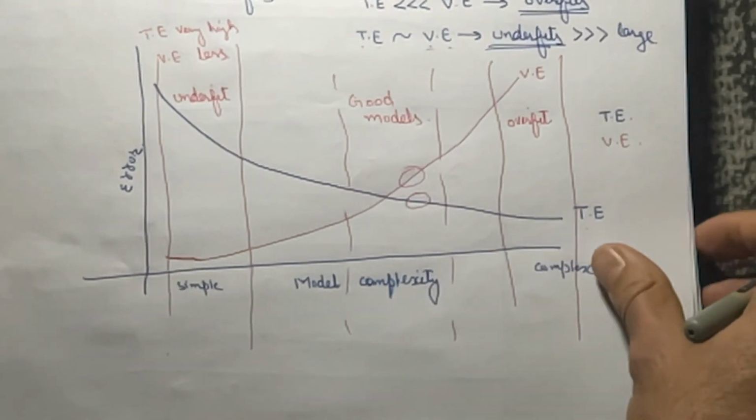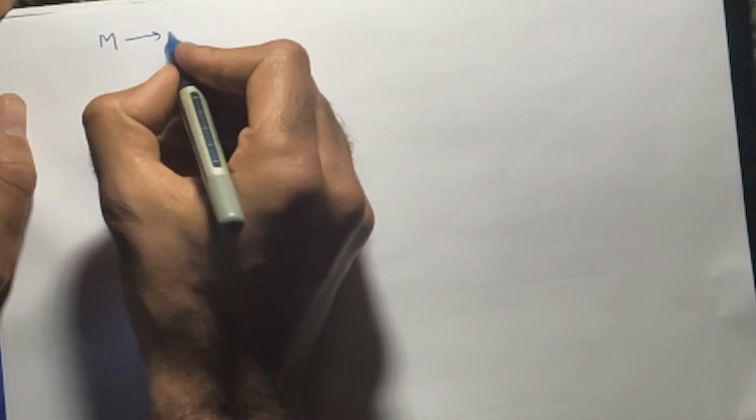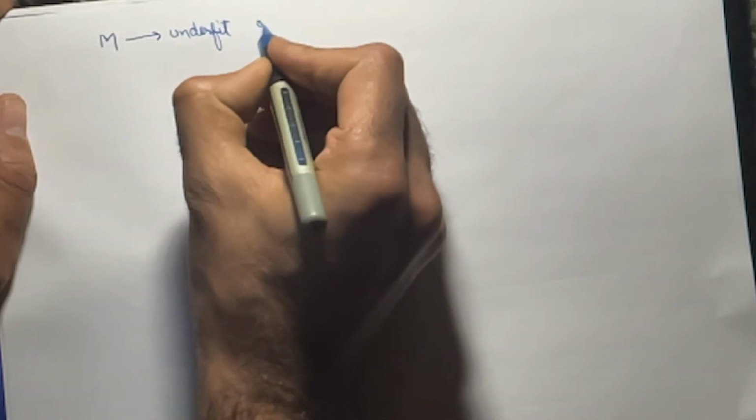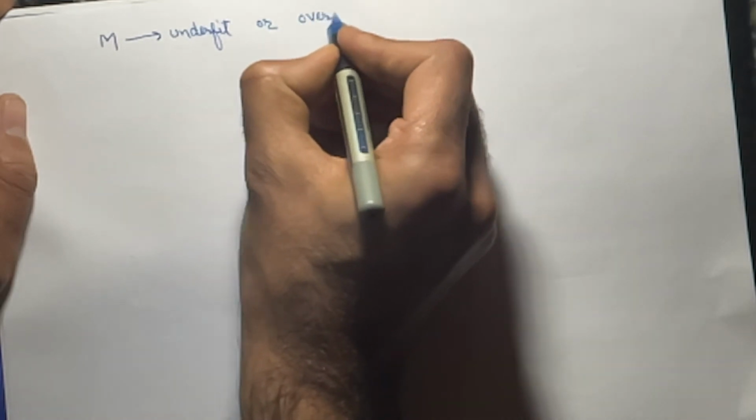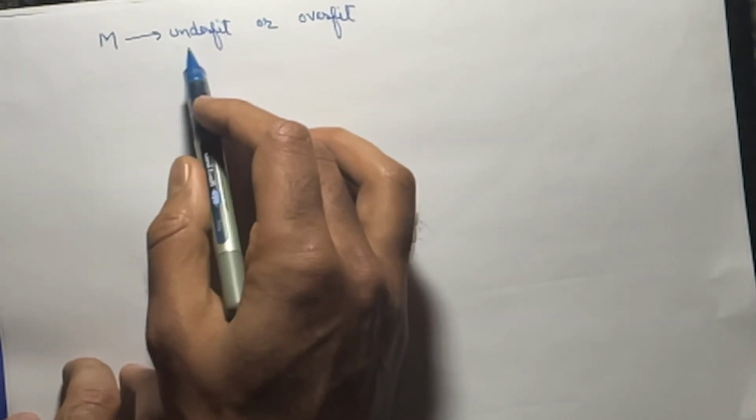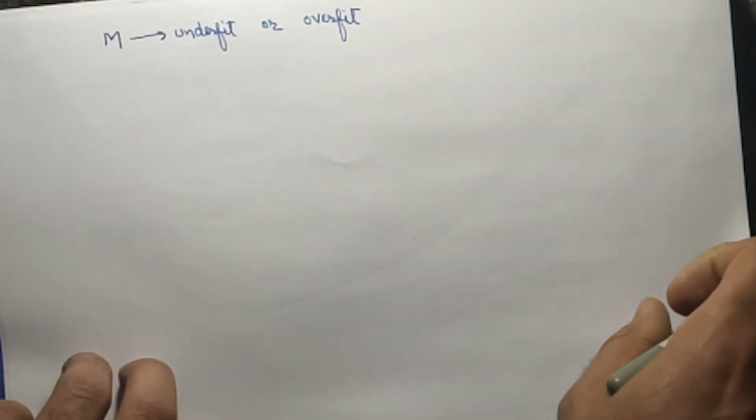Now let's continue the discussion again. What we said is that we have a model M, and there is a possibility that this model may underfit or overfit. And we already discussed how we can find out whether the model is underfitting or overfitting.